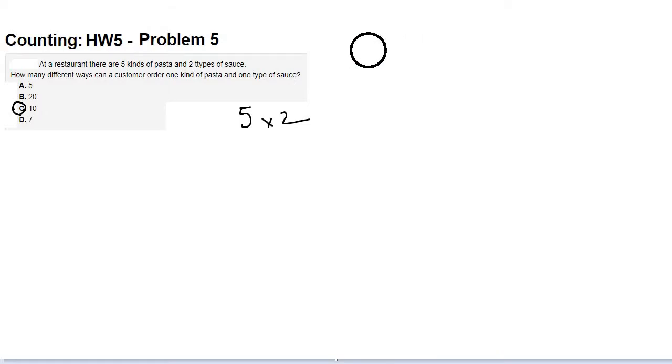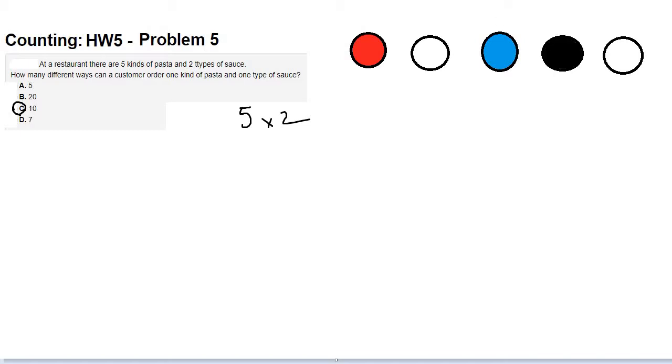Let's say we have 5 different kinds of pasta. And to distinguish, I would like to give different colors to each. And let's say we have 2 different kinds of sauce, and let's distinguish them.